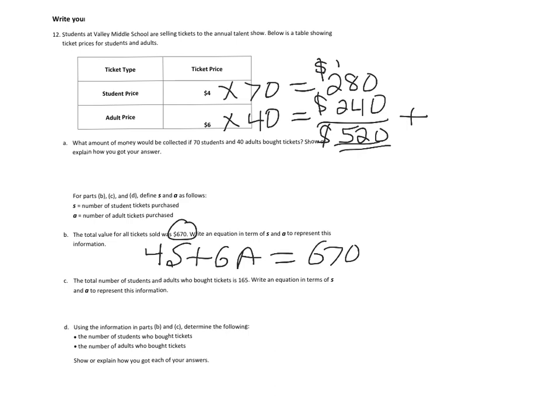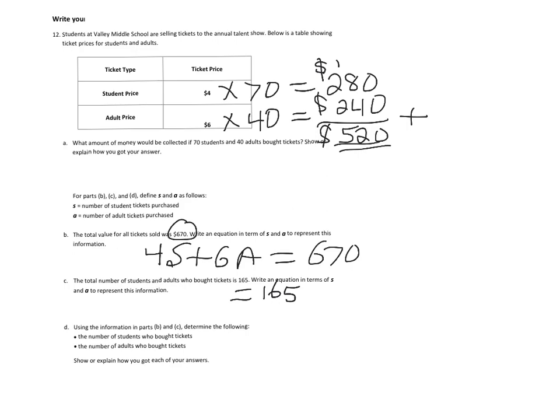Let's go to C. The total number of students and adults who bought tickets is 165. Write an equation in terms of S and A to represent this information. Now, this problem is asking us to write an equation pertaining to quantity. We know the sum is 165. What makes up 165?